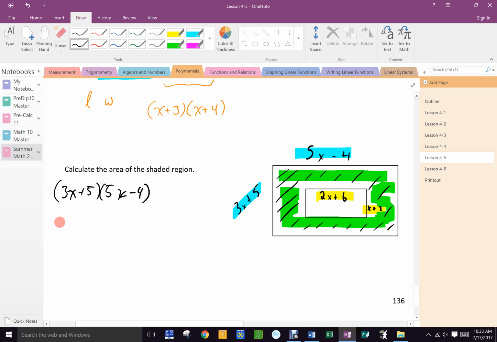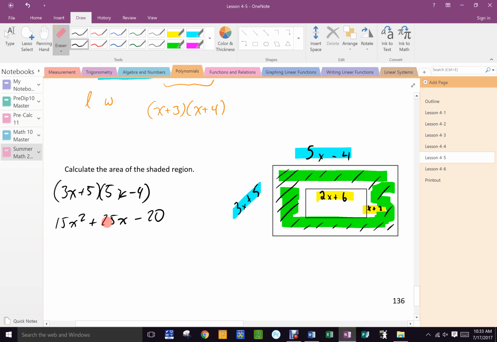13x squared. No, that's the whole answer, David. I only want this answer. 15x squared plus 25x minus 12x, 5 times 4 is 20. Minus 20.